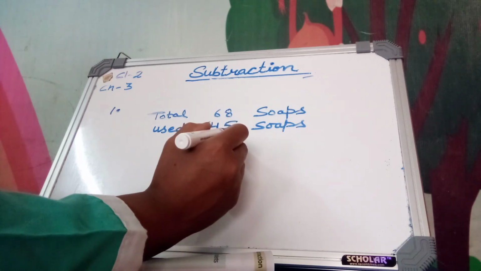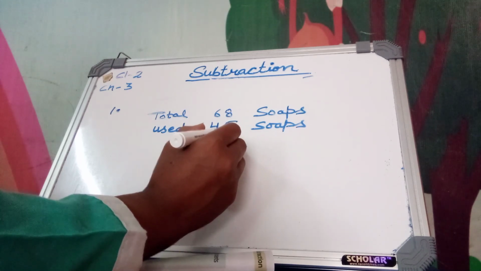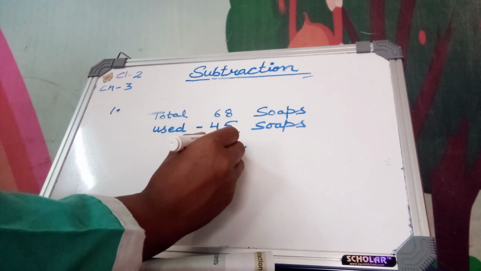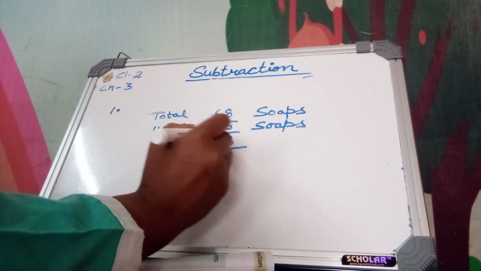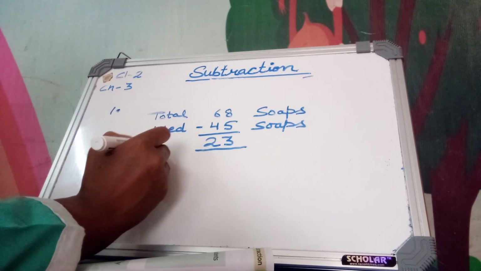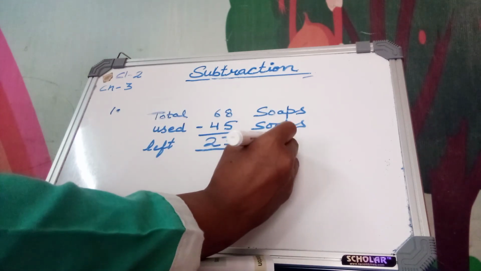8 minus 5, how many are left? 3. Okay. 6 minus 4, 2. Now left, 23 soaps.